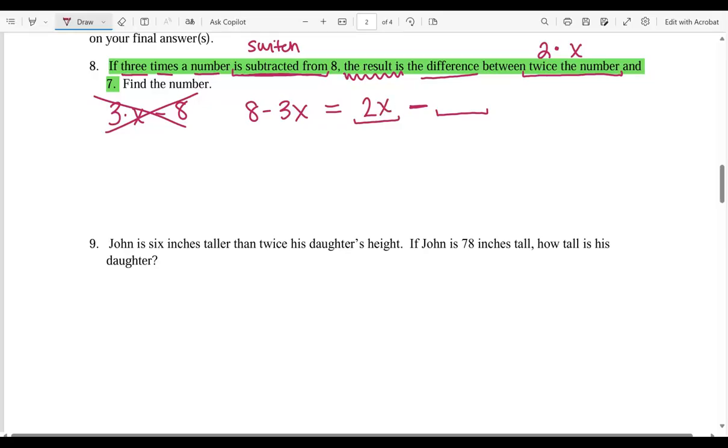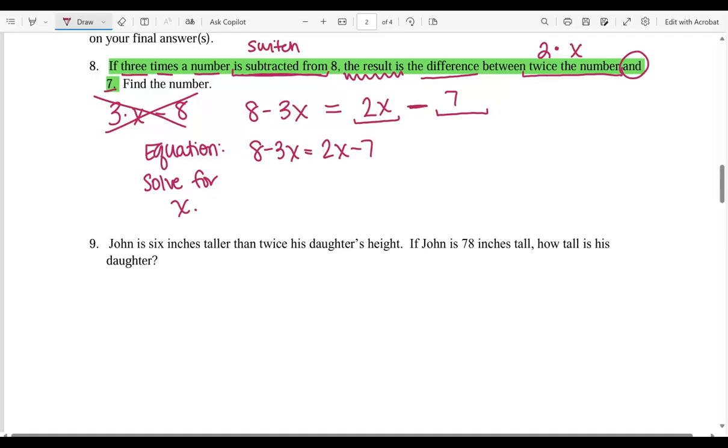That goes first. And is where I have my subtraction sign. 7. So I end up with an equation from my word problem: 8 minus 3x equals 2x minus 7. And that is what I solve for x.